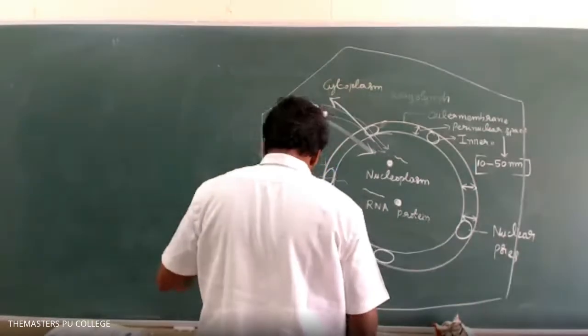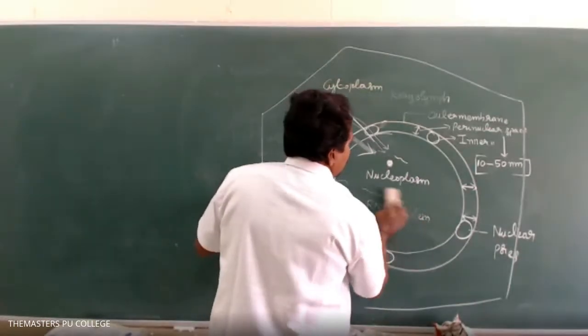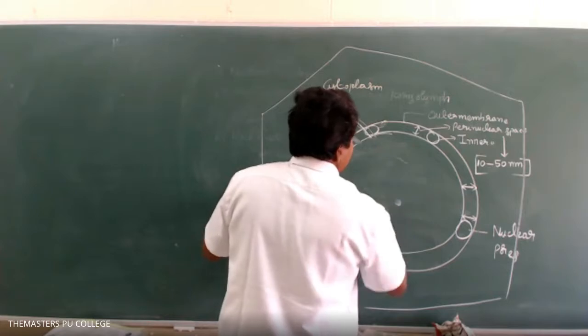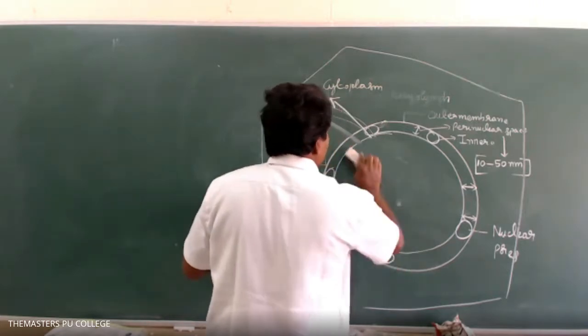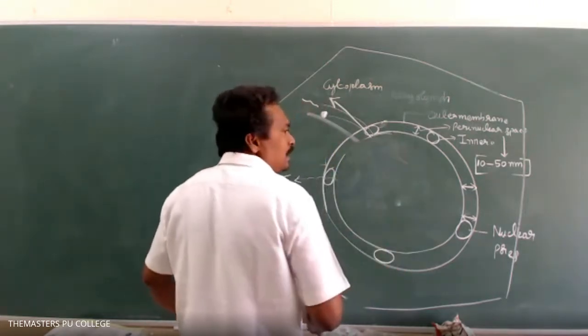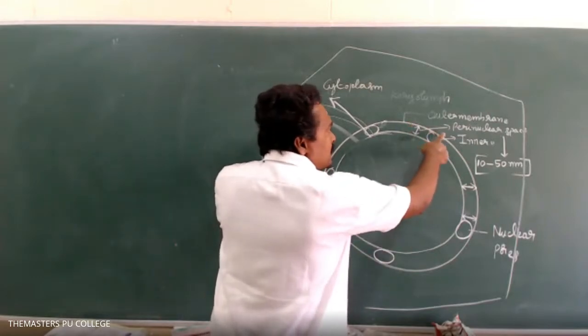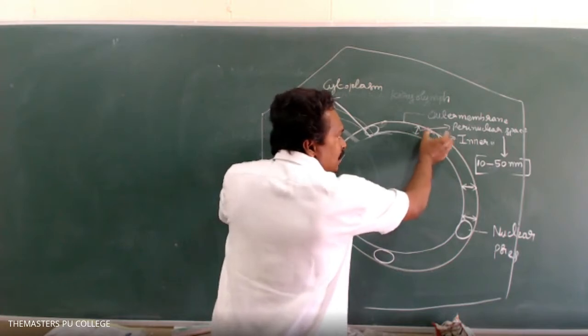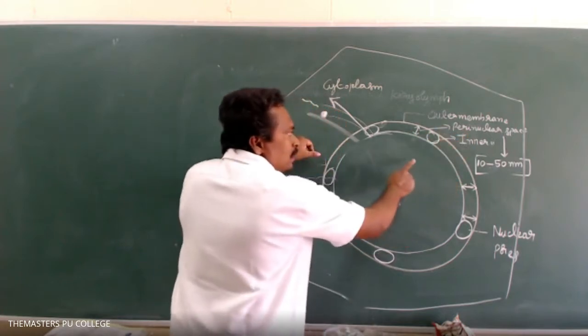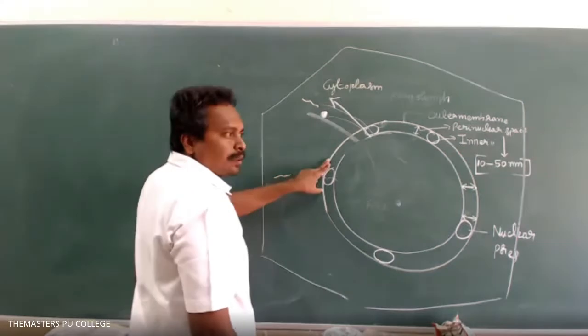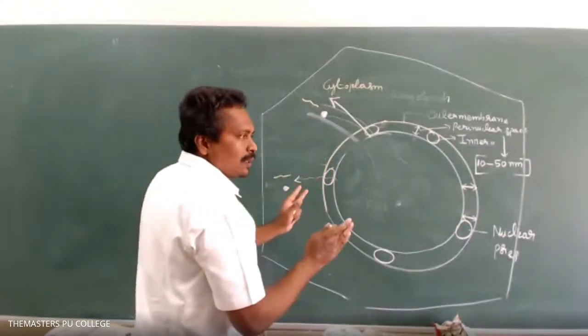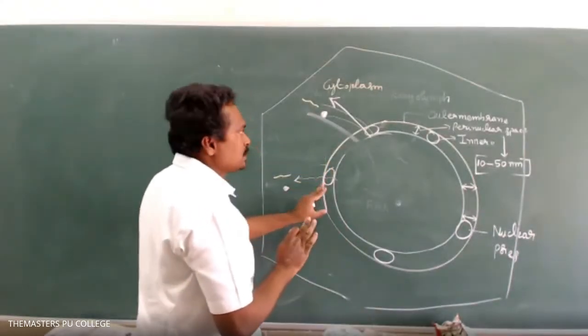What is the next part? The nucleus consists of the nuclear envelope, with outer membrane and inner membrane. The space between the two membranes is called the perinuclear space. The nuclear pores are present in the nuclear envelope and are helpful for transportation of substances.